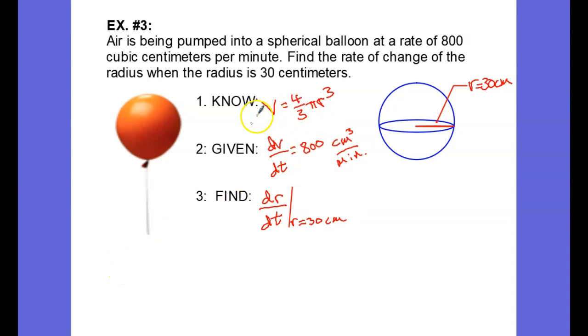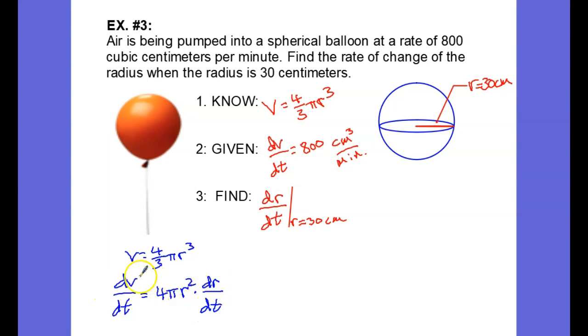Alright, so let's begin with our volume formula, and let's differentiate this. So we have V equals 4/3 pi r cubed, and that means that dV/dt is equal to 3 times 4/3, the 3's cancel and we get 4 pi r squared times dr/dt.